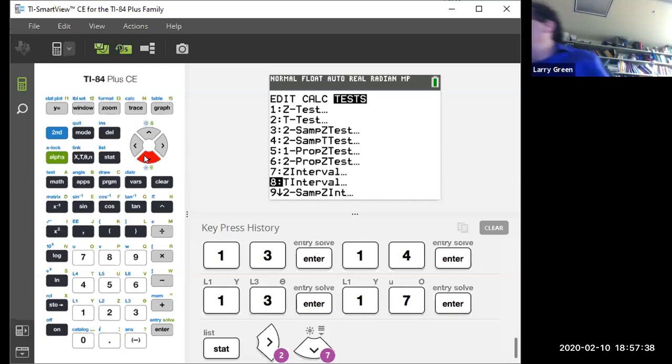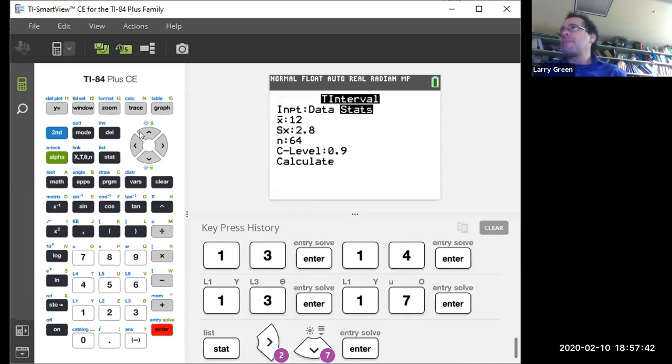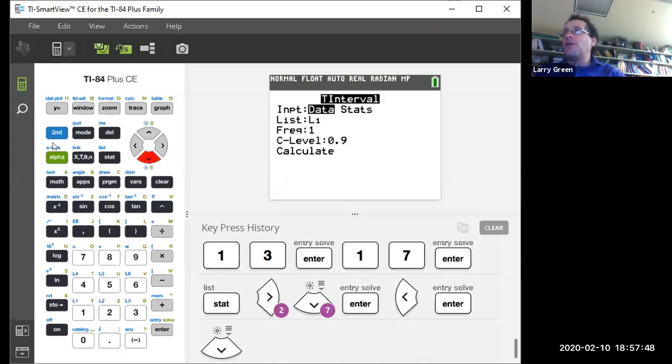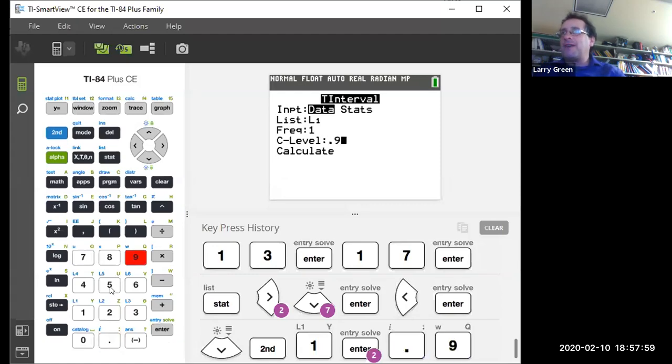So now I go ahead and hit enter. I now have data. So I'm going to hit enter on data. My list is L1. Even though it's there, I'm going to do it just to say I did it. I hit L1. Frequencies 1 is fine. Confidence level, I want 0.95 this time.